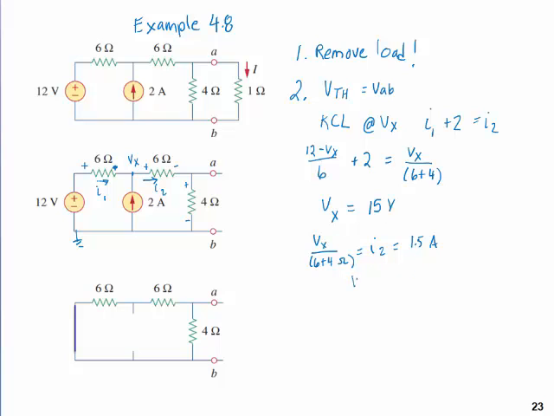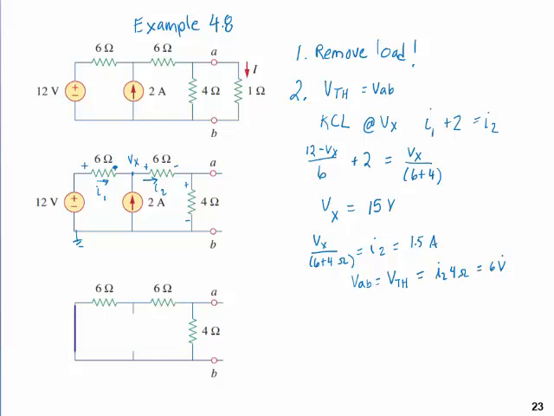So now I can find VAB, which is my Thevenin voltage. So V Thevenin equals I2 times 4 ohms, which equals 6 volts. And I think that's the answer. Yes, the textbook said V Thevenin was 6 volts.